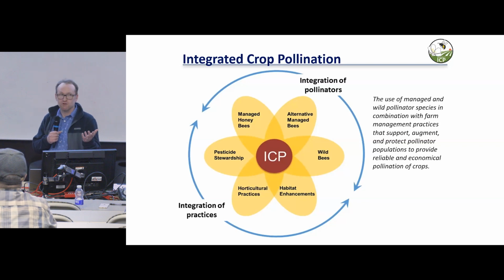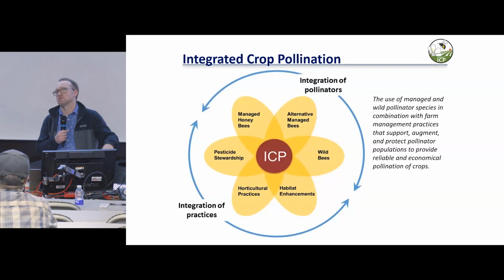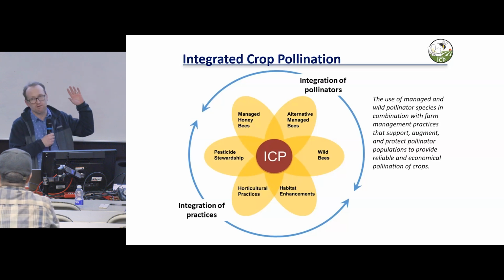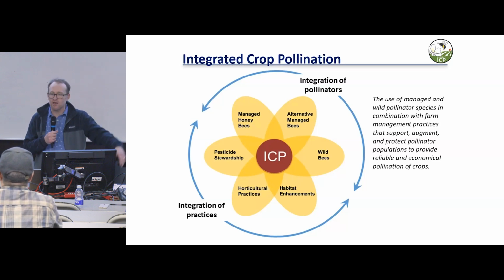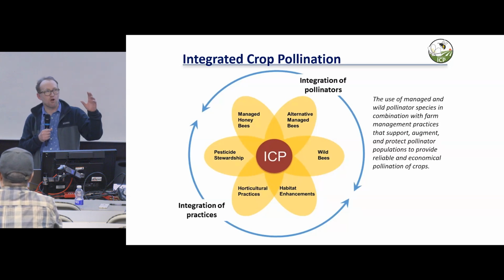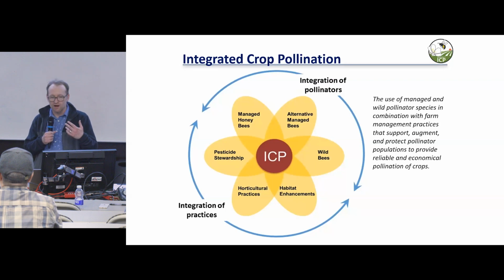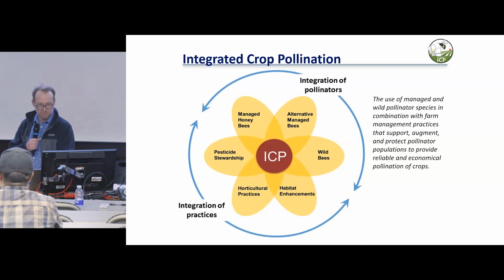So managing your pesticides, using different practices, habitat enhancement, so specific application of floral resources in the landscape to support pollinators. And then integrating your typical managed honeybee with other alternative managed pollinators, and also taking advantage of all the wild bees that are present in the landscape.